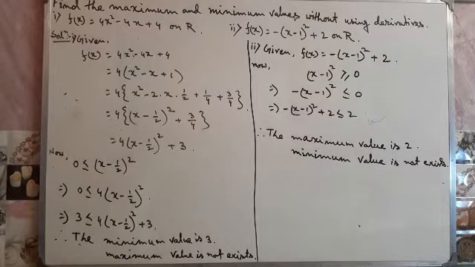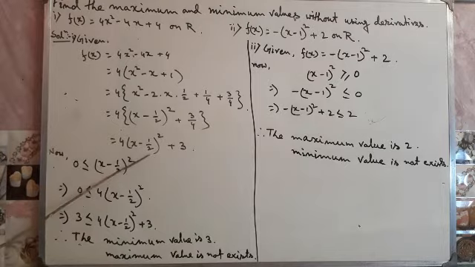Now a problem: we have to find the maximum and minimum values without using derivatives. Now the first one, it is given f of x is equal to 4x square minus 4x plus 4 on the set of real numbers. So this is the given function. Making it in square form, this can be written as 4 into x minus 1 by 2 whole square plus 3.